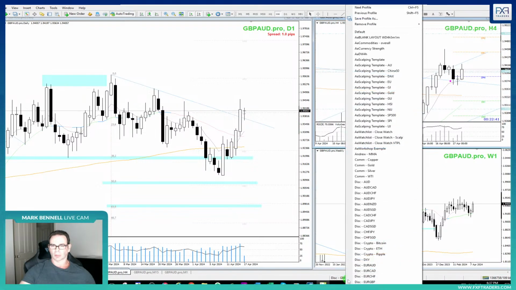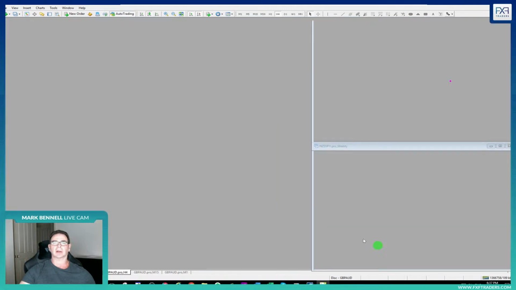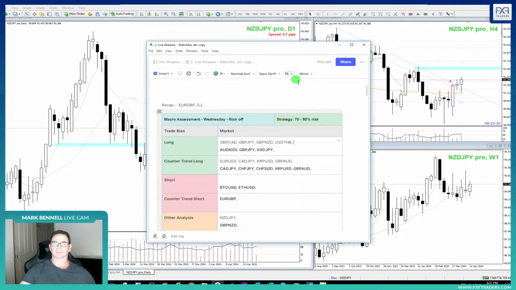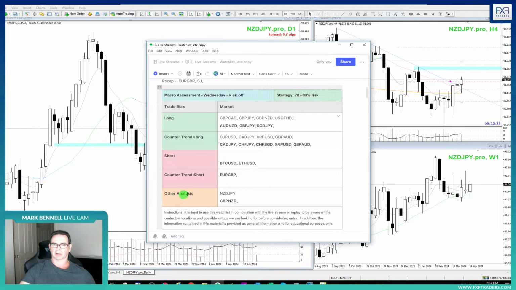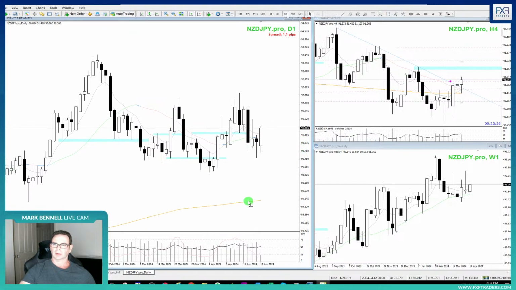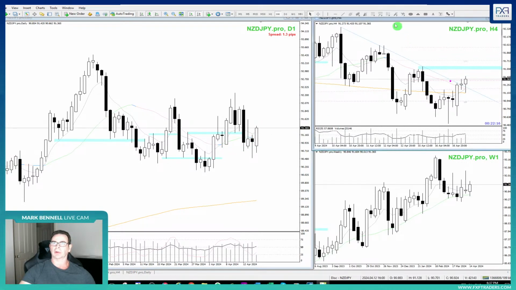And the other one worth noting is New Zealand yen. But I've put this under just other analysis. So weekly is okay. Daily is still in an uptrend. It's trying to break the trend though. Hasn't succeeded. Getting it back above the daily moving average.